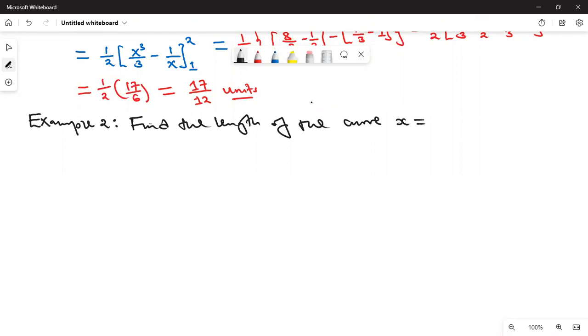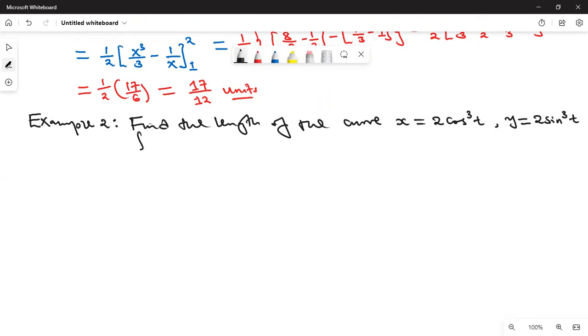x is equals to 2 cosine cubed of t, and y is equals to 2 sine cubed of t, between the points corresponding to t equals 0 to t equals pi over 2.